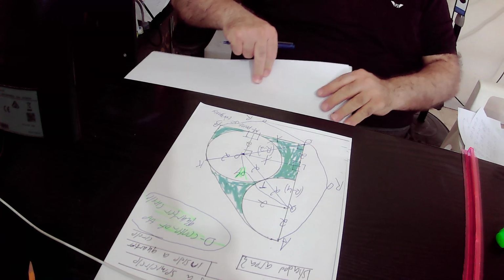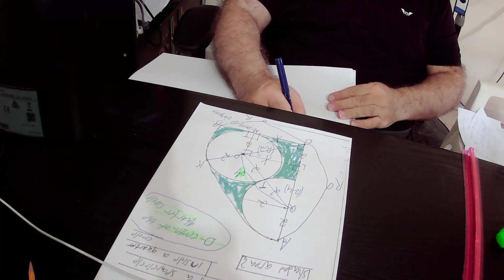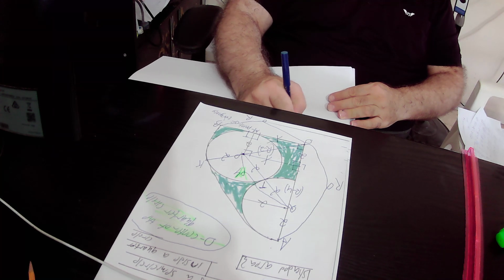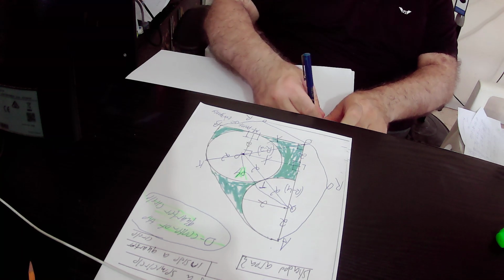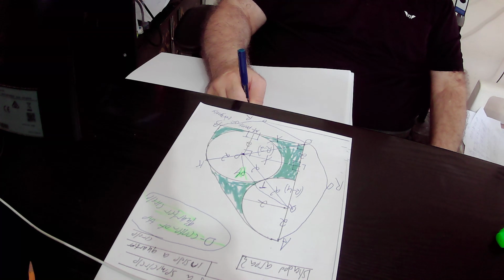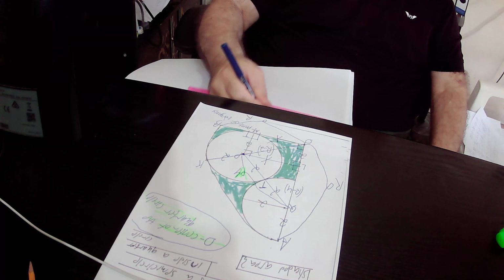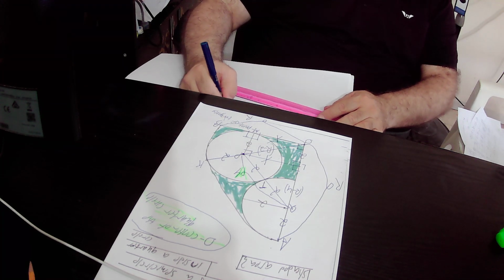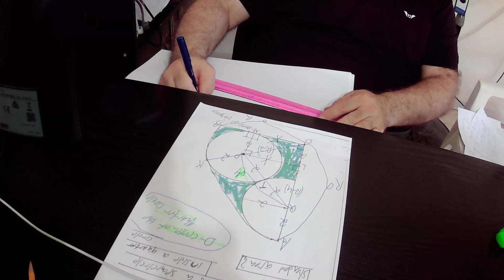The value of the shaded area is equal to the area of the quarter circle minus the area of the circle minus the area of the semicircle.